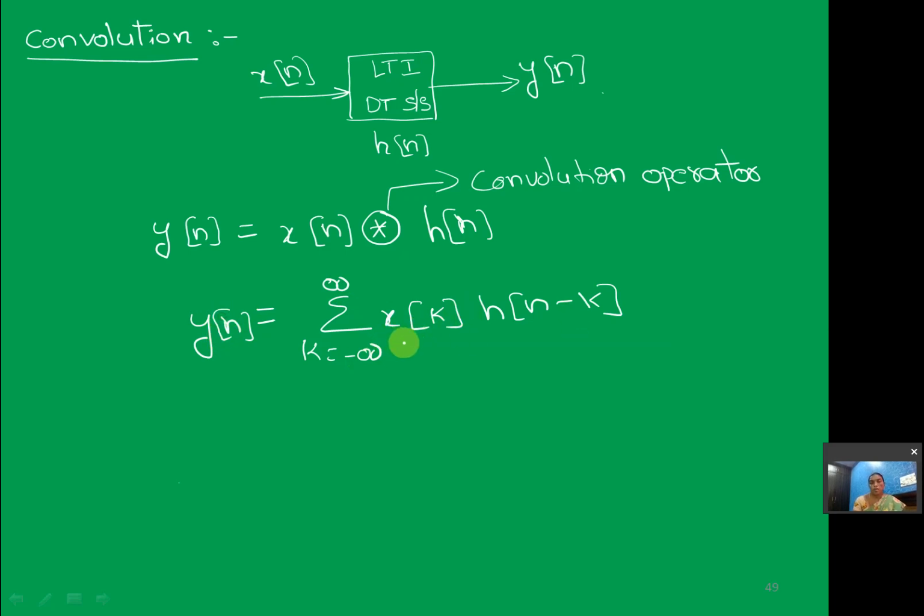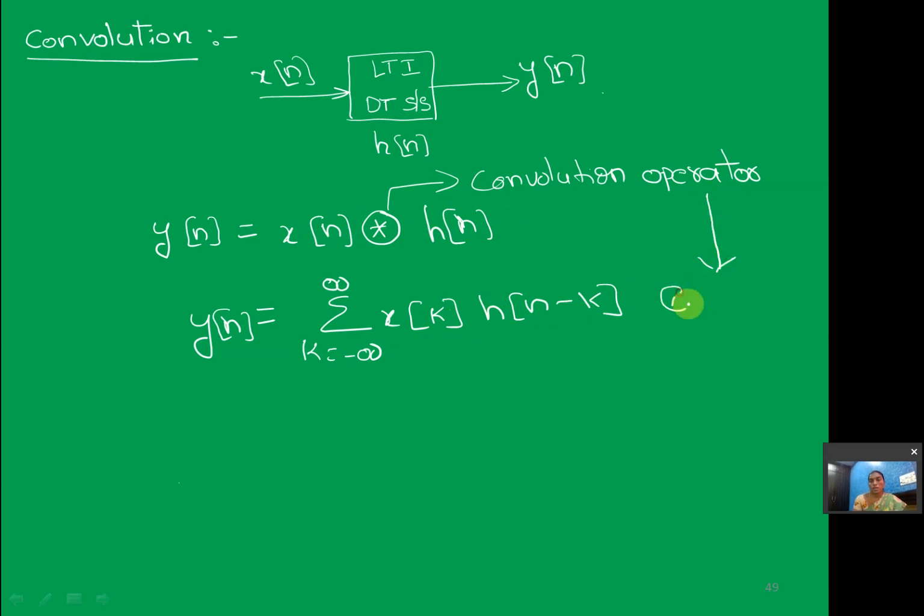Actually, one derivation is there to determine the output from the knowledge of x of n and h of n. Directly I am writing the definition here. Shortly we represent it as convolving x of n and h of n. If you observe this equation, the convolution operator involves many operations.